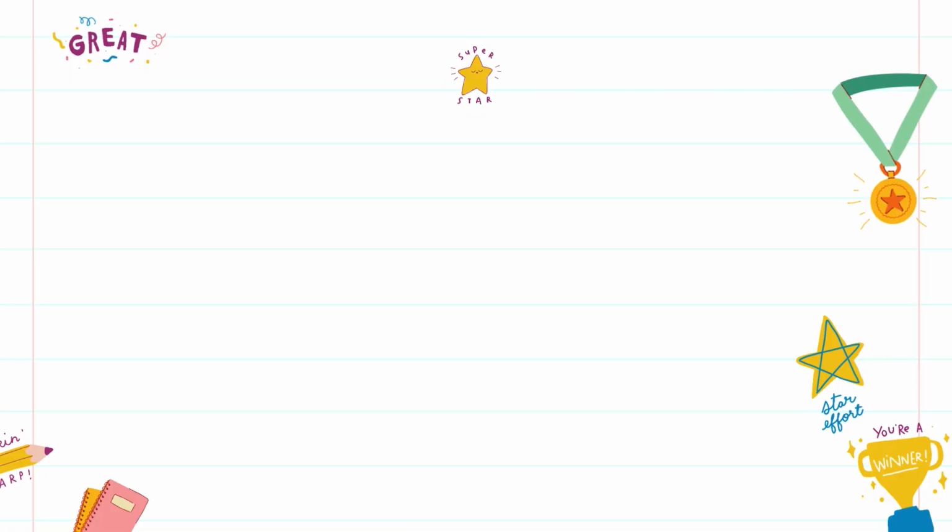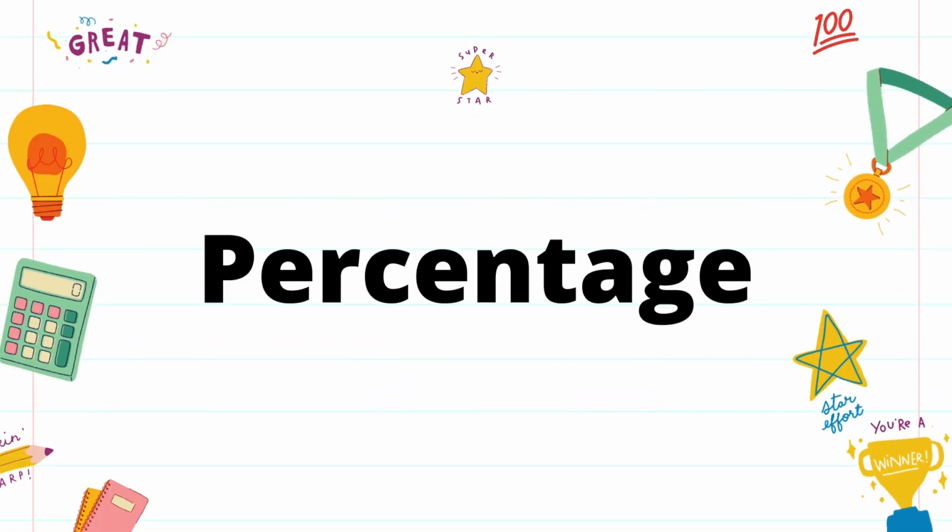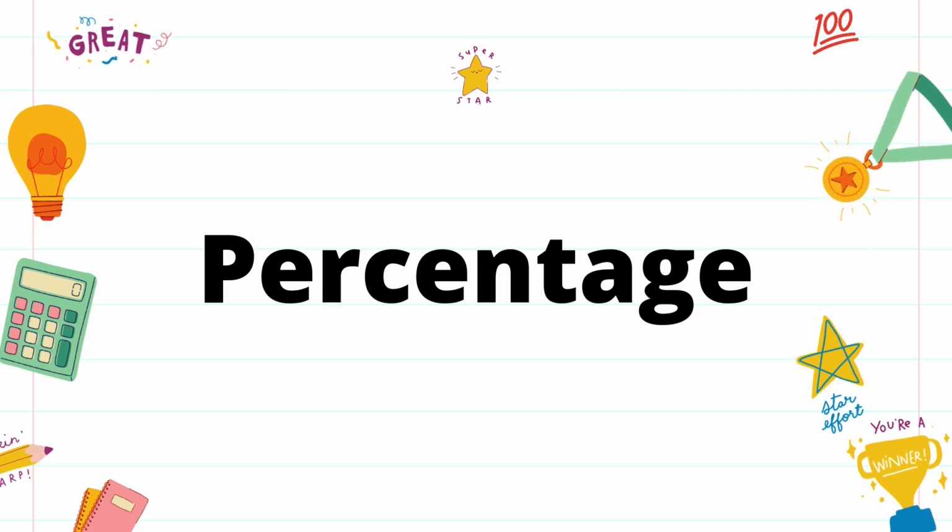So this particular topic is one of the very core and advanced topics too. We call this percentage. In aptitude, in any exam, without percentage you can't expect even one question.